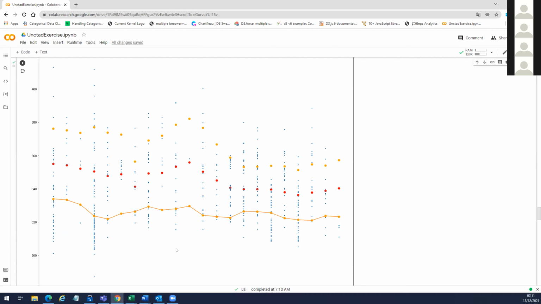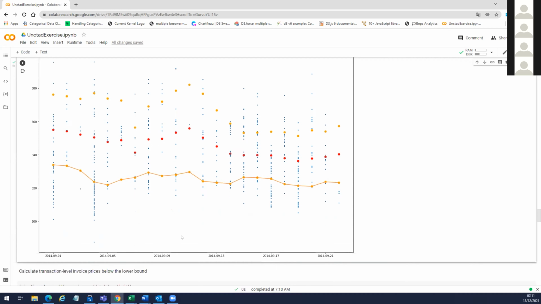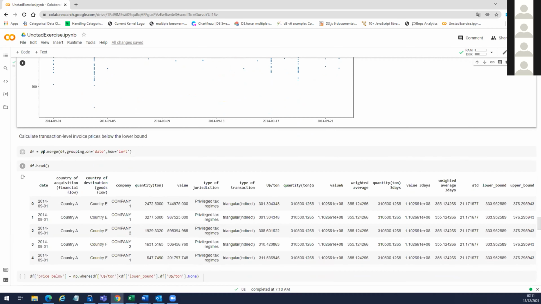For that, I embed the grouping data frame in the original data frame. The original data frame DF has all the transactions, and our grouping is aggregated by day. But I need to incorporate the lower bound and the upper bound in the data frame to calculate the transactions below the lower bound. I made it here.